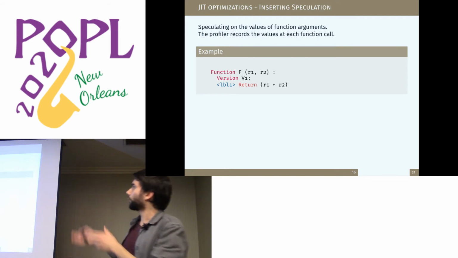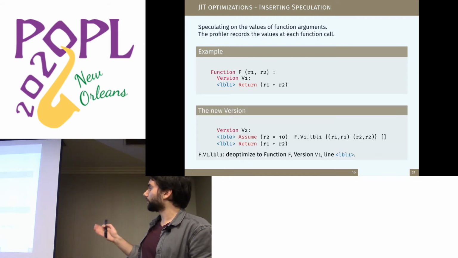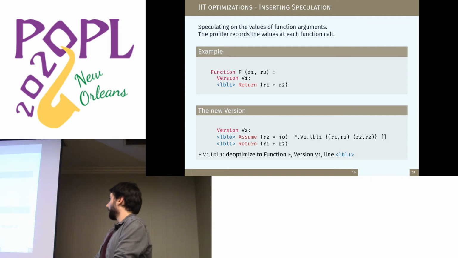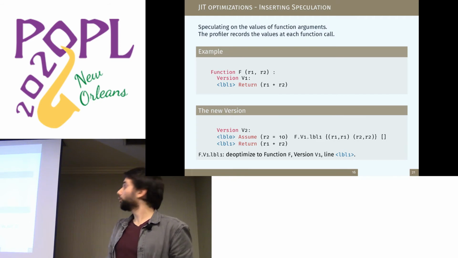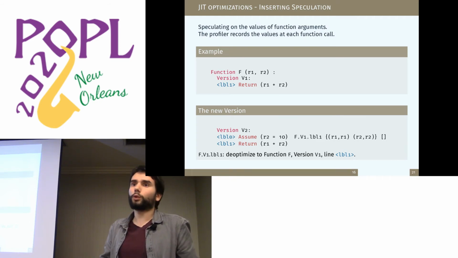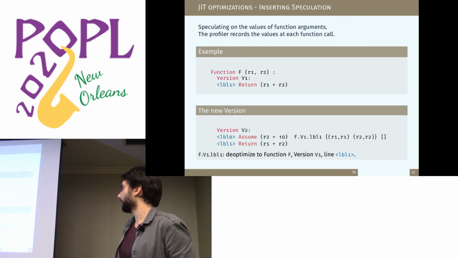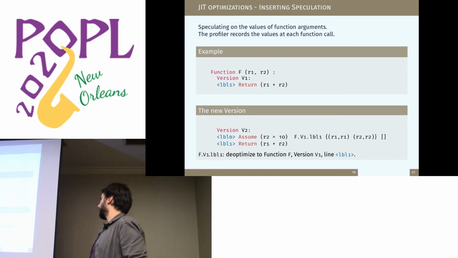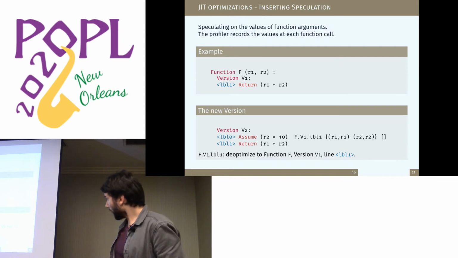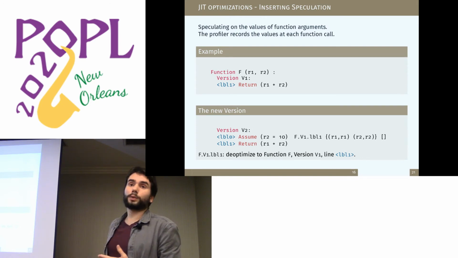So for instance, such a function can be transformed into this function with a simple assume instruction. We are assuming, for instance, that R2 will be 10 because, I don't know, in the previous executions R2 was always 10, so now we think it's time to speculate on that. And of course, if this fails, we need to go back to the original version at the first line. So this is what we do to insert speculation.